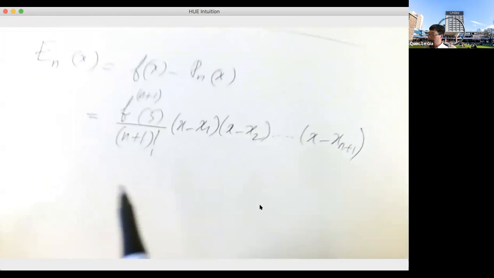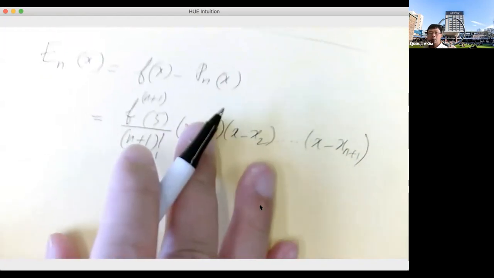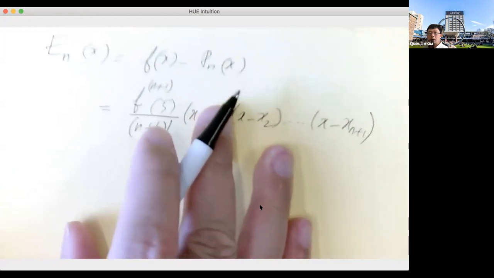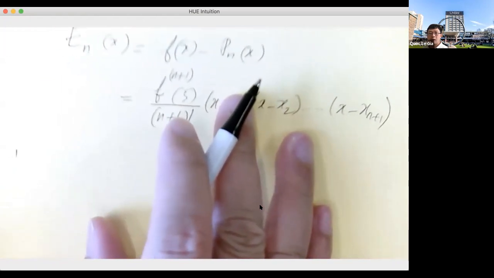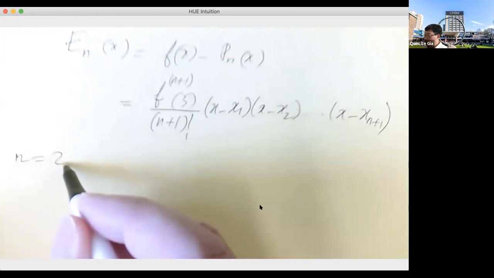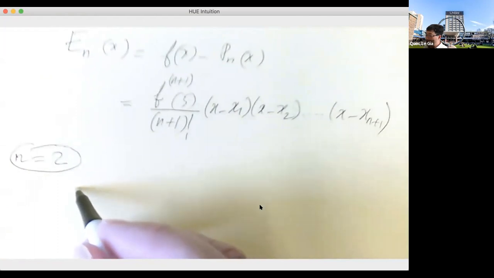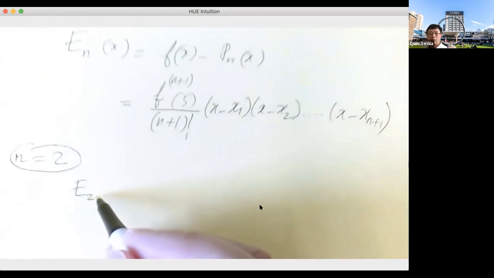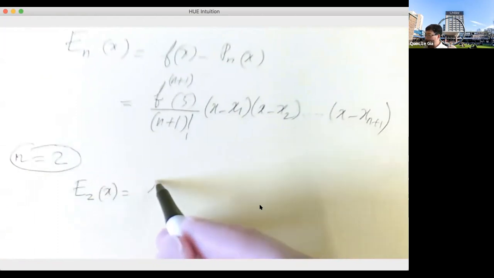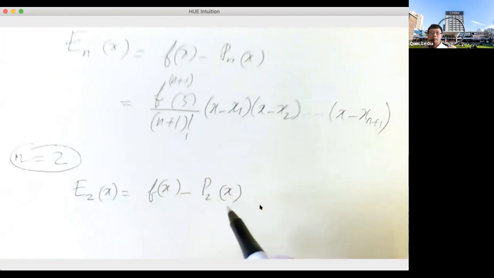So what is the degree now? So degree is n equal 2, right? Because quadratic, yeah. So now we just have n equal 2. So when n equal 2, you have e2 of x equal f of x minus p2 of x.